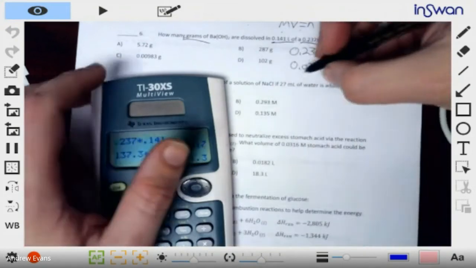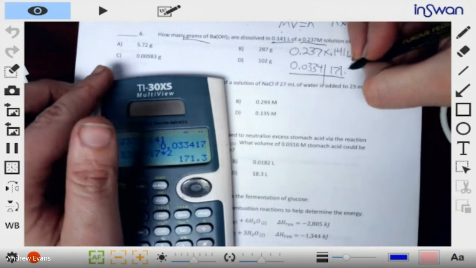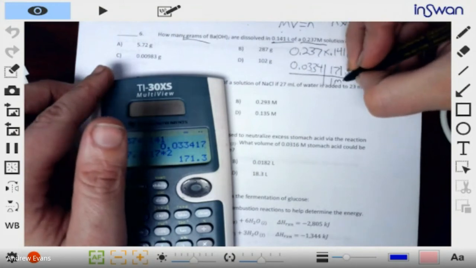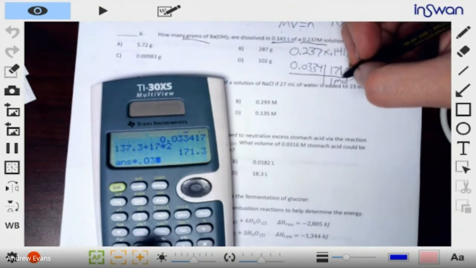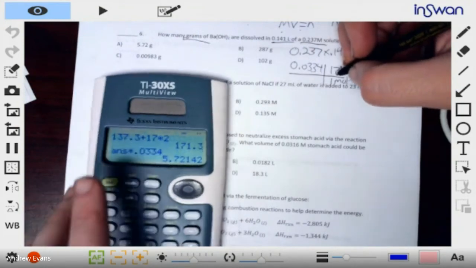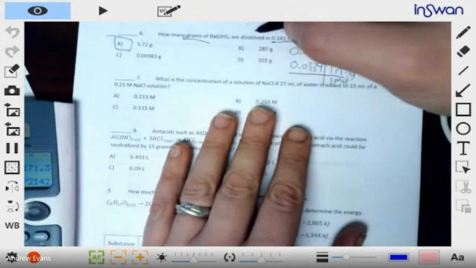So the total mass is 171.3 grams per 1 mole. So times 0.0334. How many grams? You would only produce a measly 5.72 grams.